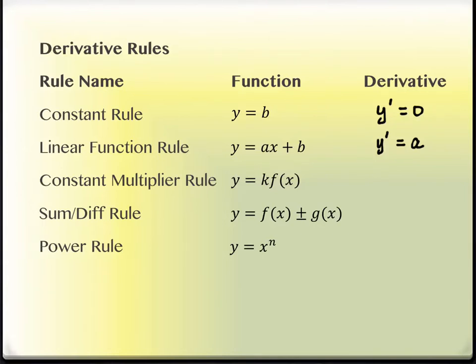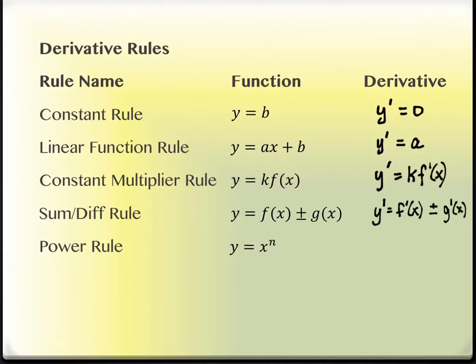How about when I have a constant multiplier? What's the derivative of k times f of x? I have the k that comes along for the ride, and then I have my f prime of x. What about sums and differences? Right, so we just take the derivative of each of them independently, right?